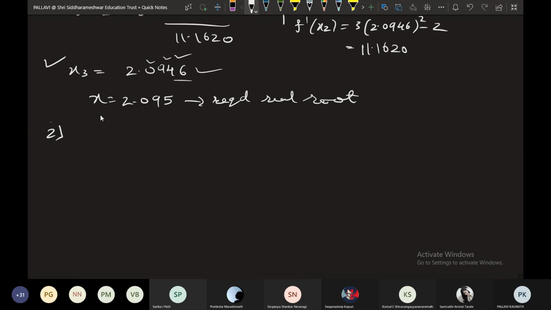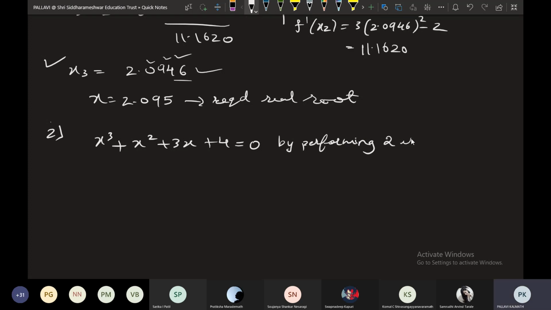Second one. Find the real root of the equation x cube plus x squared plus 3x plus 4 equals 0 by performing two iterations.